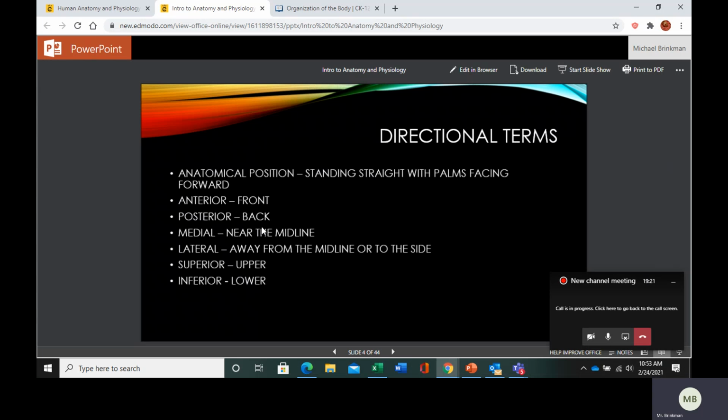Medial, near the midline of the body. And the midline of the body is, if you were to draw an imaginary line down the center of your body, that's what the midline is. And that'll be in the example for the drawing that you're going to make. Anything that's lateral is away from the midline or to the side. Anything that is superior is upper. Anything that is inferior is lower.